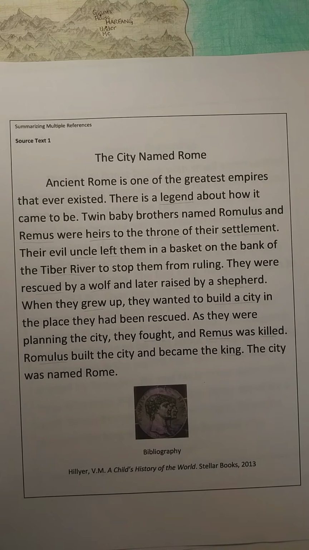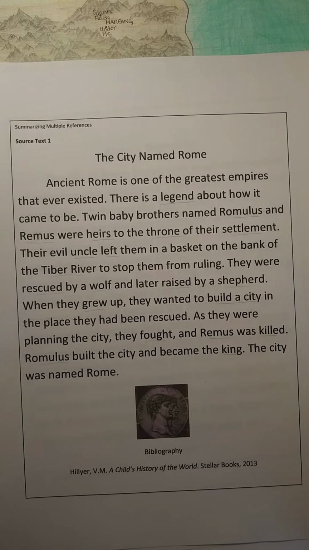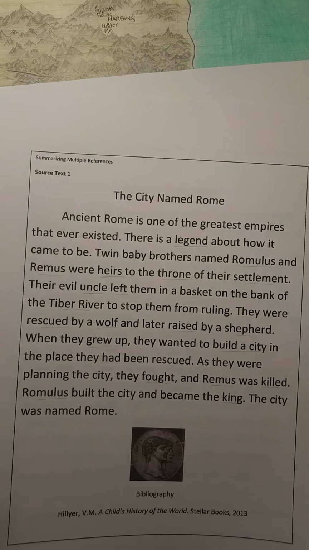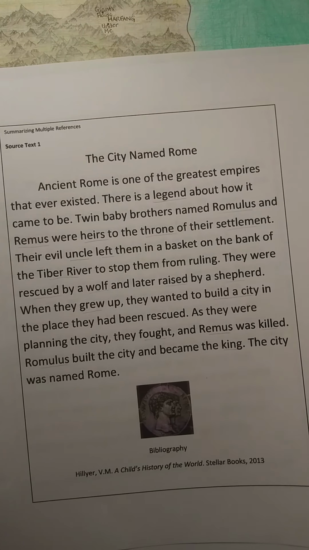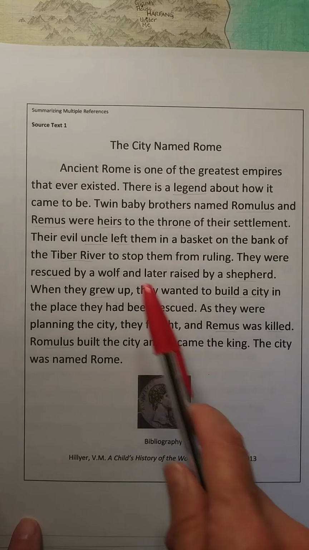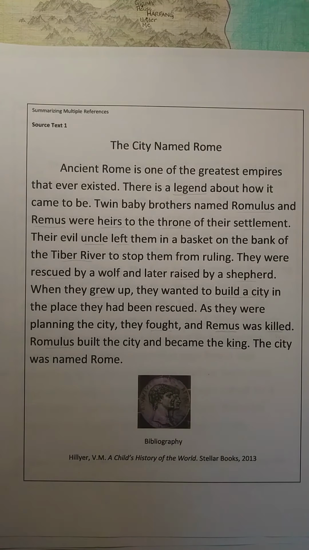Today what I'm going to do is model with you the two source texts and how to take notes from them. And your homework will be to do the same thing that we've done in class, to read through the source texts and take notes.